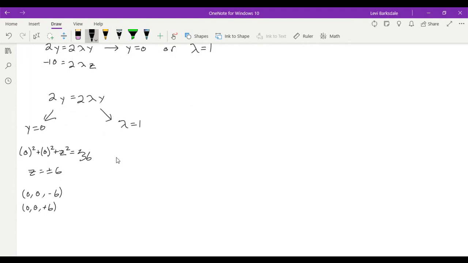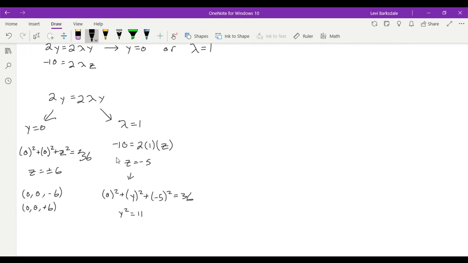Next, if lambda is equal to 1, then negative 10 is 2 times 1 times z, so z would equal negative 5. Then we have an x value and a z value, so we can again use our constraint function: 0 squared plus y squared plus negative 5 squared is equal to 36.